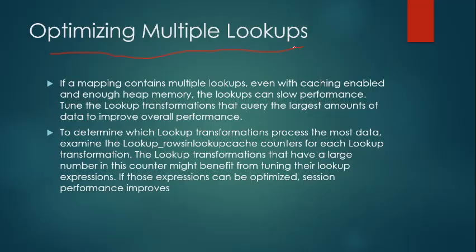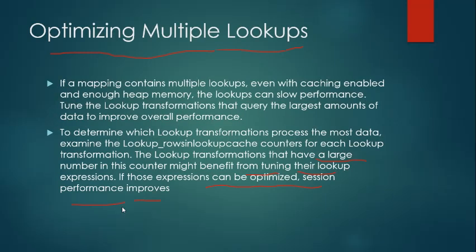To determine which Lookup transformation processes the most data, examine the Lookup_rows_count counter for each Lookup transformation. Lookups with a large number in the counter might benefit from tuning their lookup expression. If those expressions can be optimized, session performance improves.